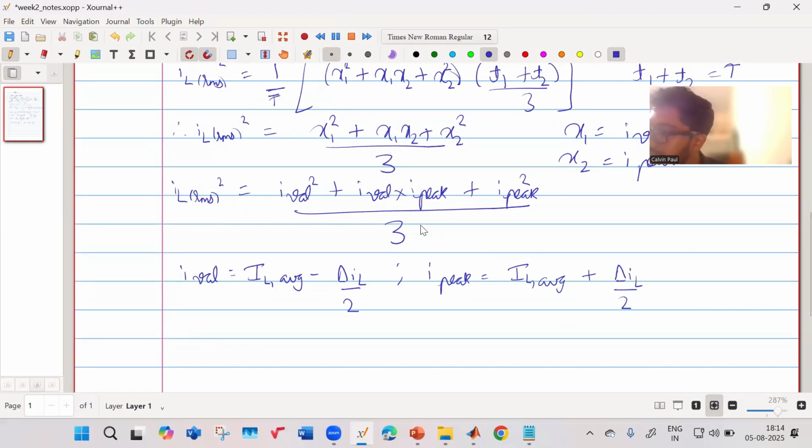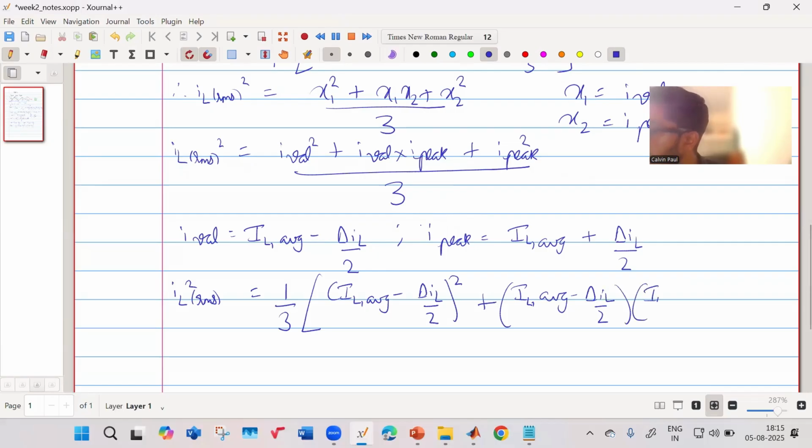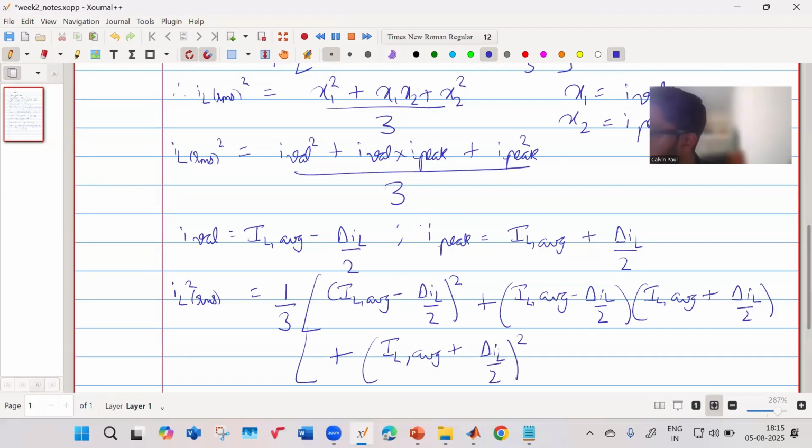What I will get? I will get my IL RMS square is equal to 1 by 3 into (IL average minus delta IL by 2) square plus (IL average minus delta IL by 2) into (IL average plus delta IL by 2), plus I peak square, which is (IL average plus delta IL by 2), the whole square.